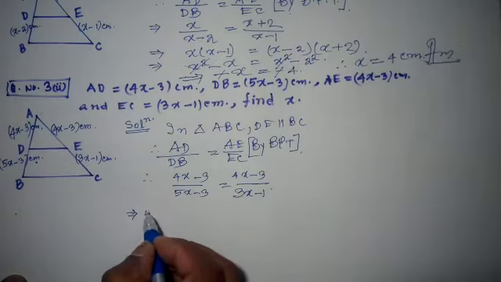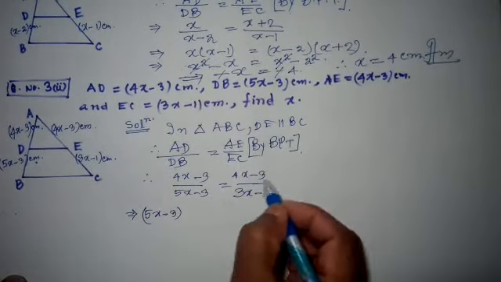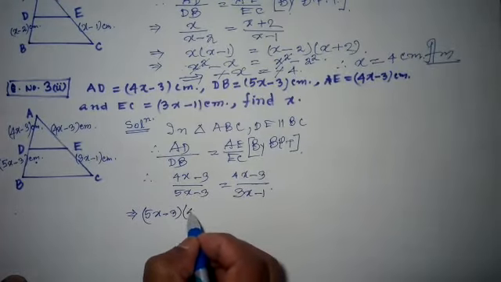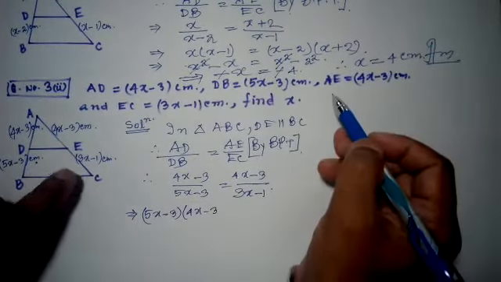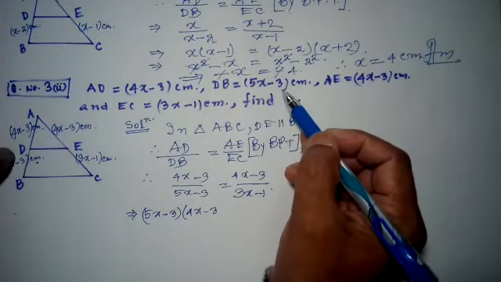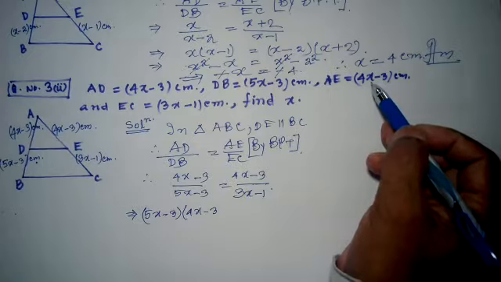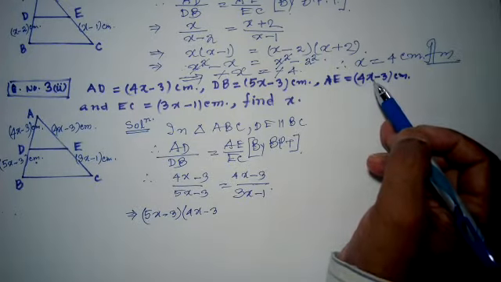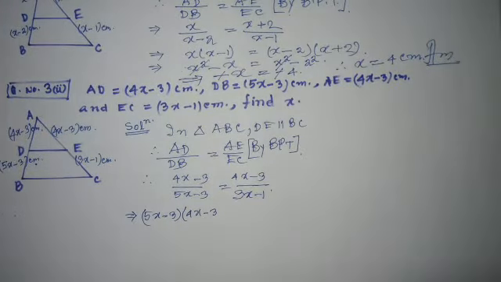So 5x minus 3 multiply by 4x minus 3. Here is a little mistake as I see, DB is 5x and AE is I think there is some mistake in the question, or I have written wrong. 8x minus 7, question number 3-2.